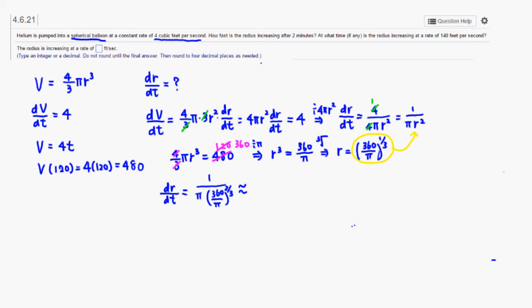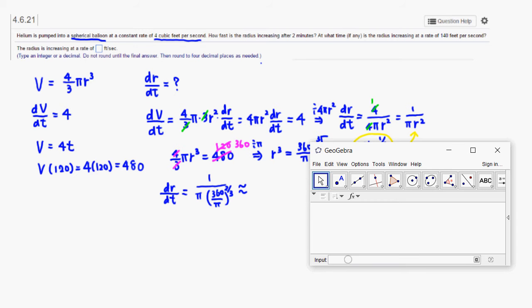I'm going to bring out GeoGebra. The value is 1 divided by pi, times 360 divided by pi, raised to the 2/3 power.